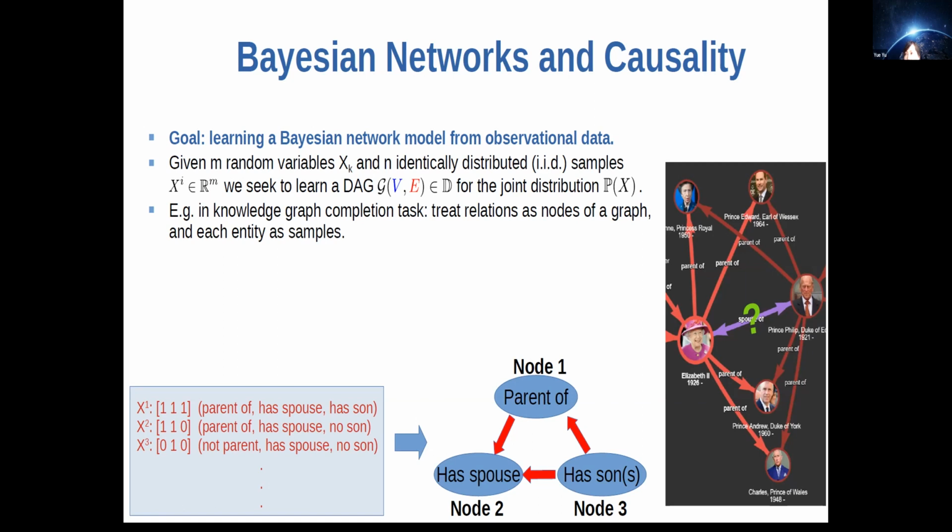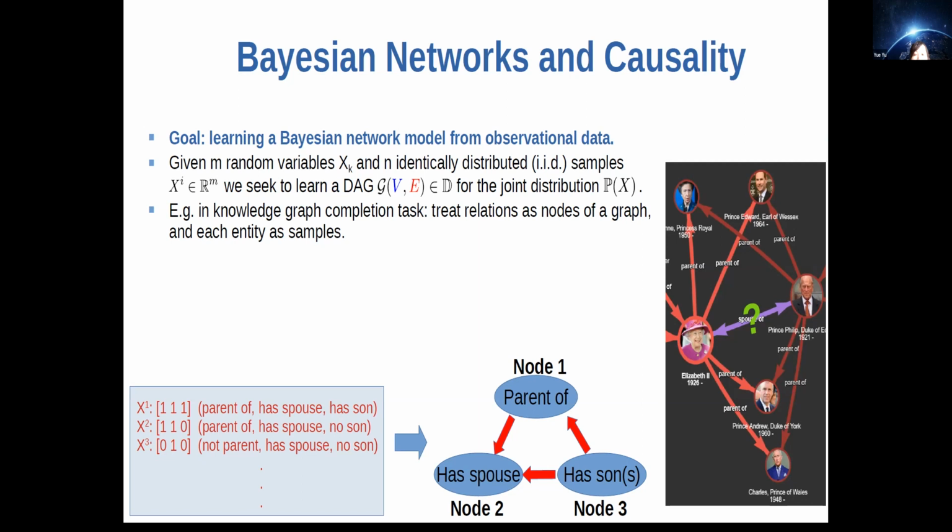For Bayesian network learning, we are trying to learn from a bunch of samples what the underlying joint distribution is, and also the underlying DAG structure. Namely, given n random variables, which will be the nodes of this graph, we are trying to learn a set of directed edges, which we represent as E, such that the edges are acyclic, meaning there are no cycles.